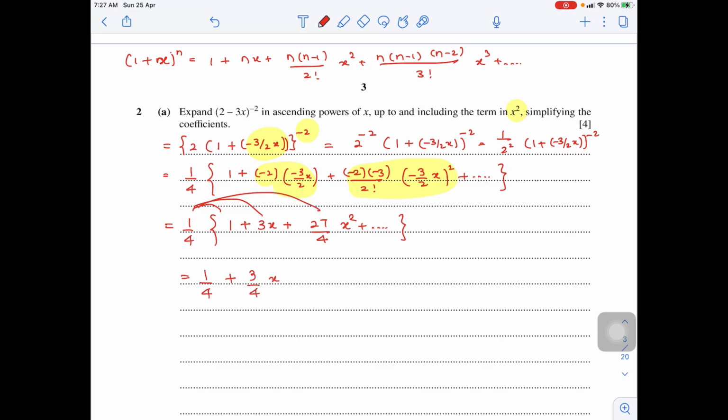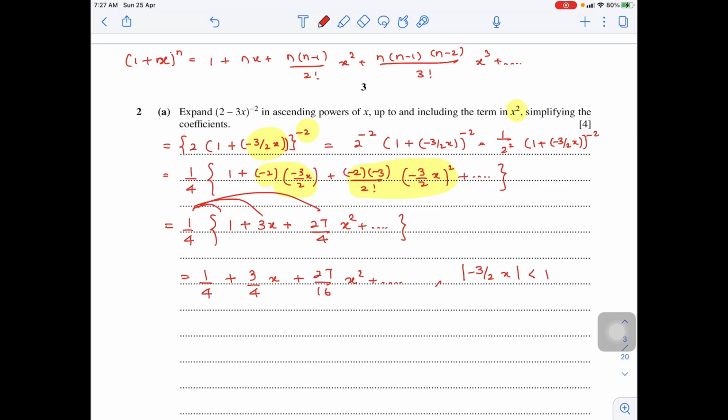Now multiplying out, so that's 1 times a quarter, 1 times 3x, a quarter times 3x, 3 quarters x, a quarter times 27 over 4 times x squared becomes 27 over 16 x squared.